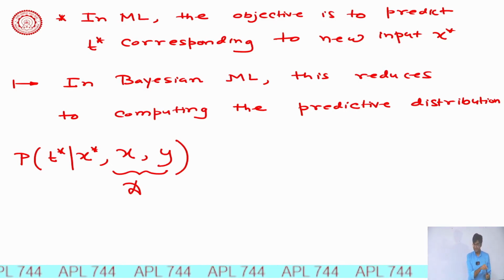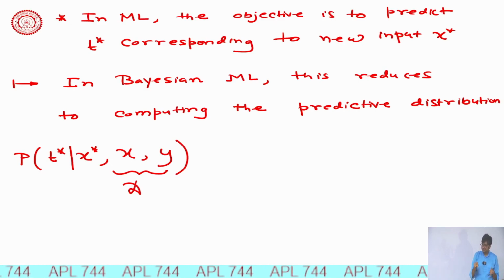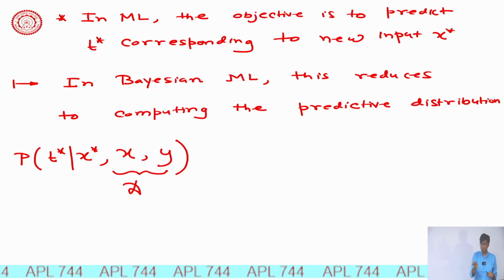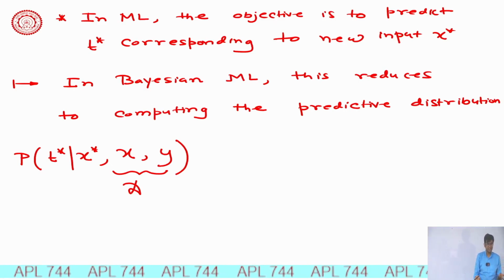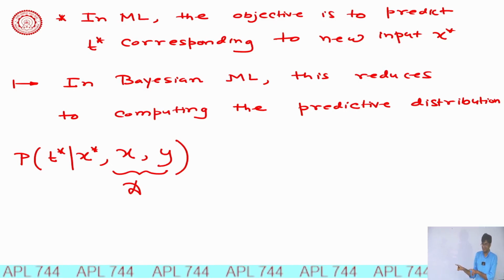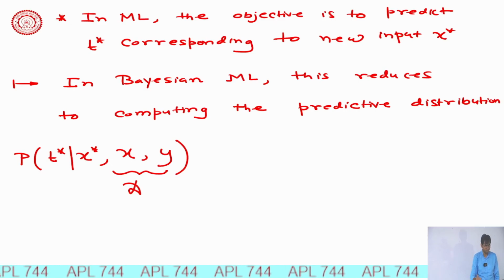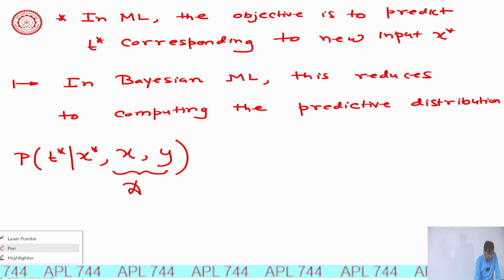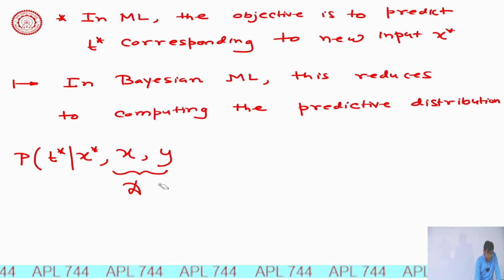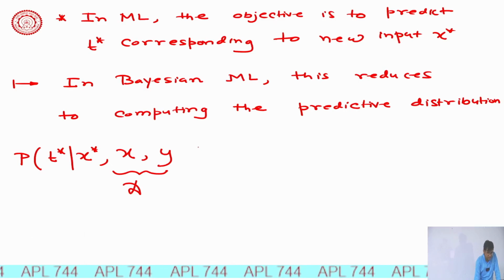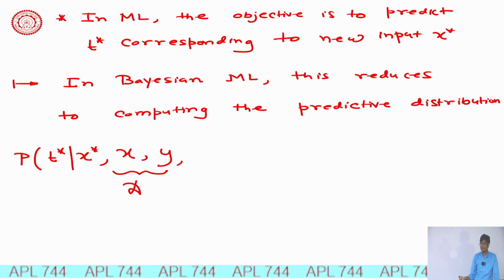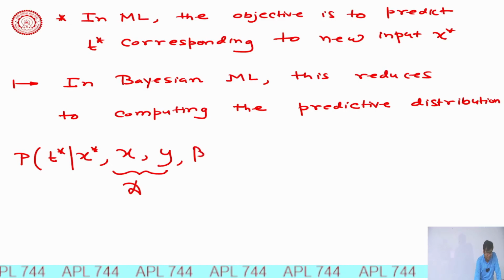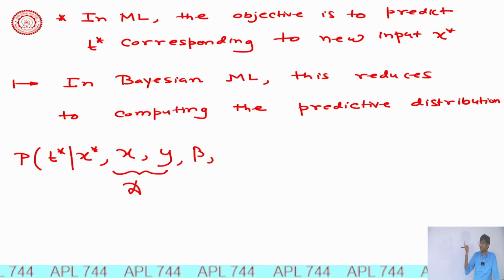Okay. Actually, this is the generic form. In this case, you will have beta, because beta you have assumed is known to you. So, beta inverse or beta is known to you for this case at least. When you go later, you will also remove beta. So, right now you can actually write beta also, because the way we have solved it, beta is given or known, right. And not only beta, you can also write the hyperparameter.